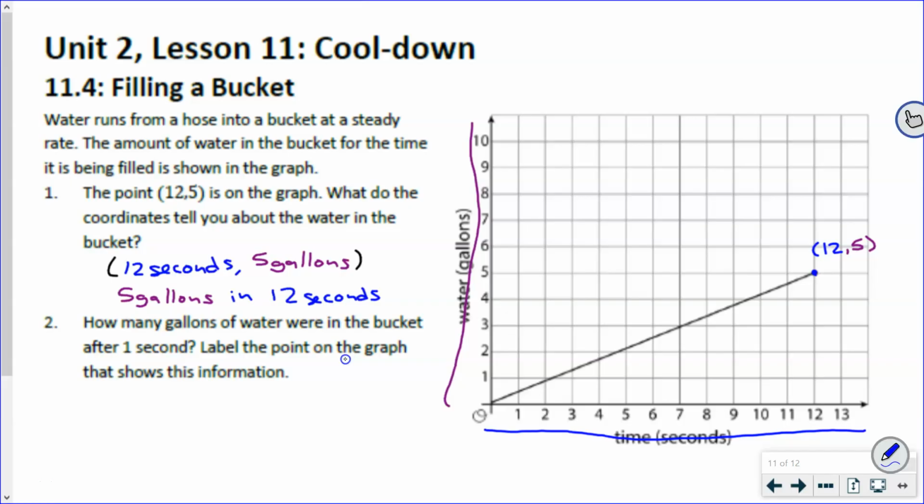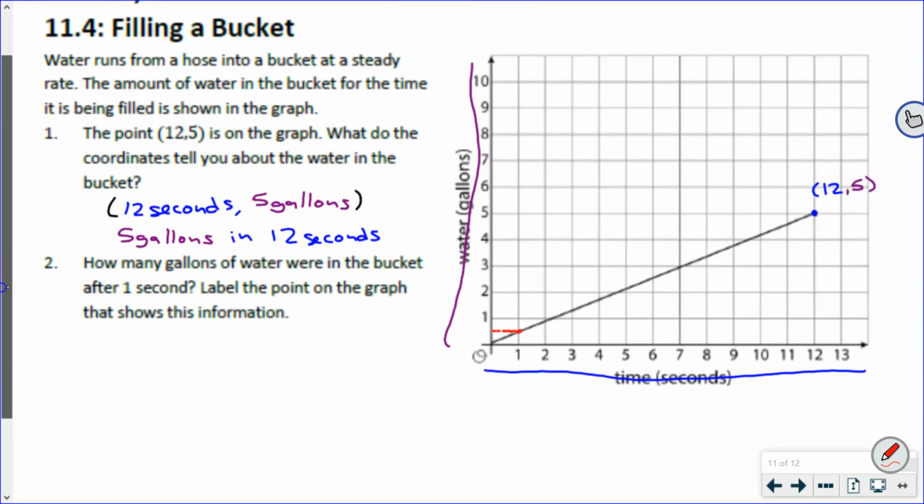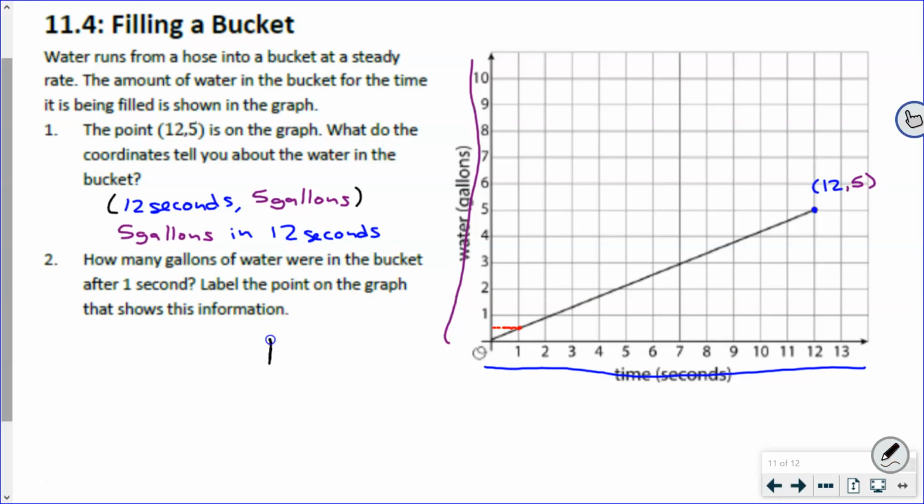How many gallons of water were in the bucket after 1 second? Well, again, we can see that here on our x-axis. Here's our x value of 1. How many gallons of water were in there? This one is a little bit hard. It looks like it's half. But if we take the time to actually set up a little miniature table where we have our x value of 12 and our y value of 5, we would ask the question, how does a 12 become a 5?